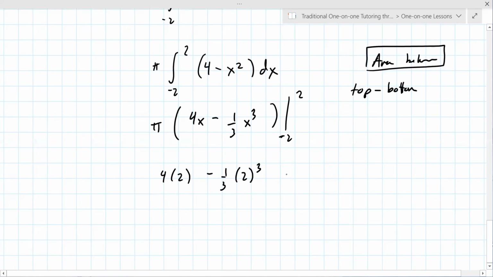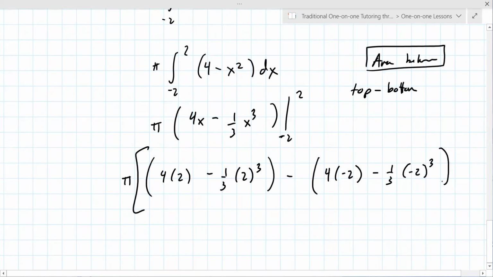I said bottom minus top, but I did it right. Okay, great. So then it's 8 minus 2 cubed, which is 8 over 3, minus, minus 8 plus 8 over 3.